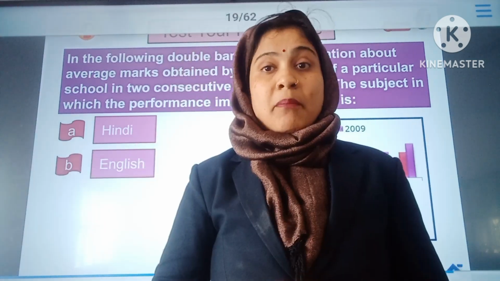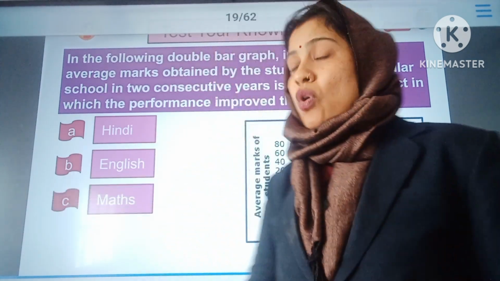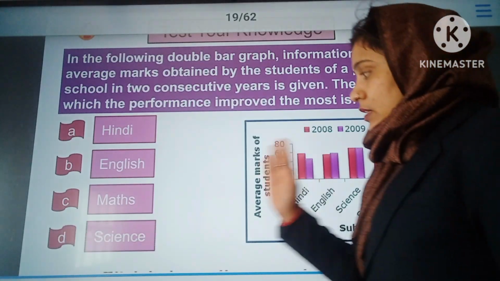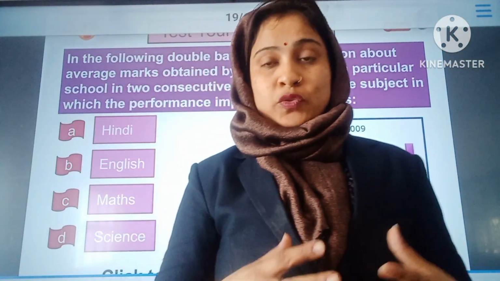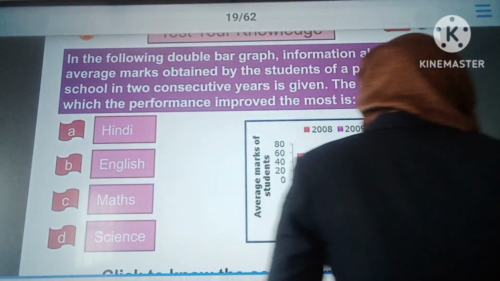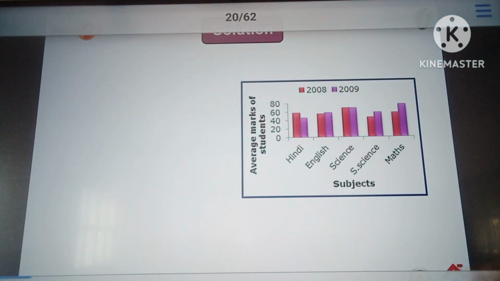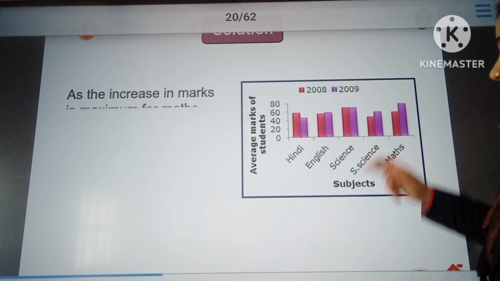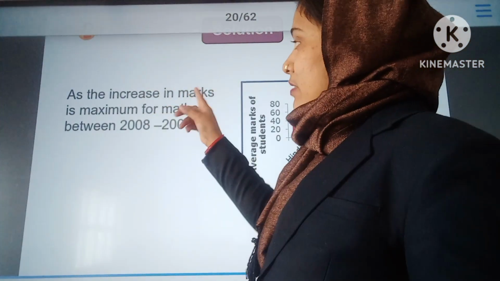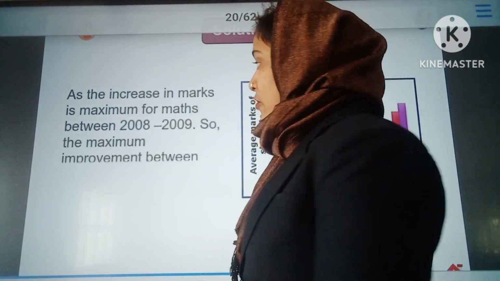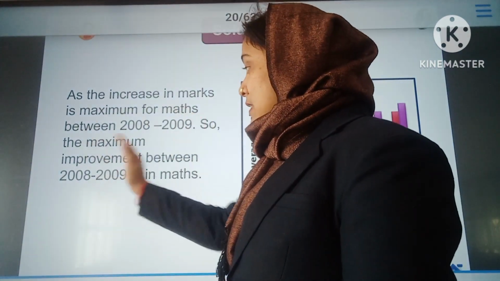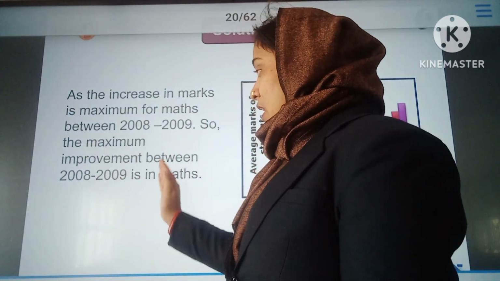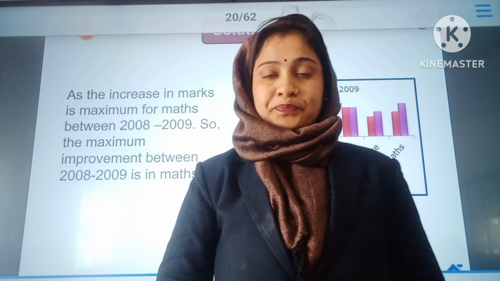So here is the solution: for maths, the difference is maximum. It is written as the increase in marks is maximum for maths between 2008 and 2009.